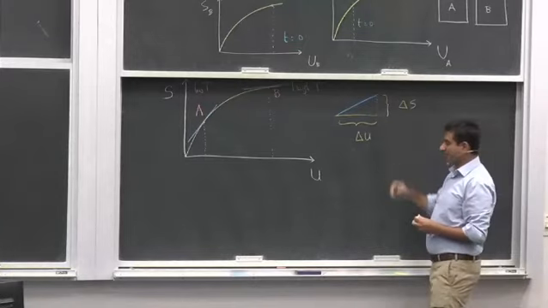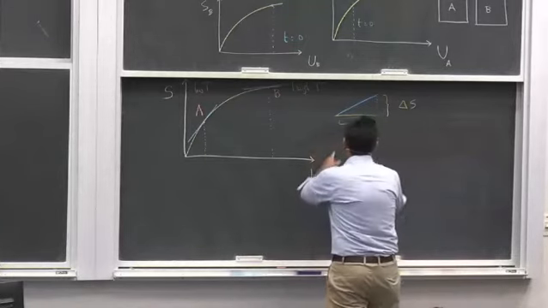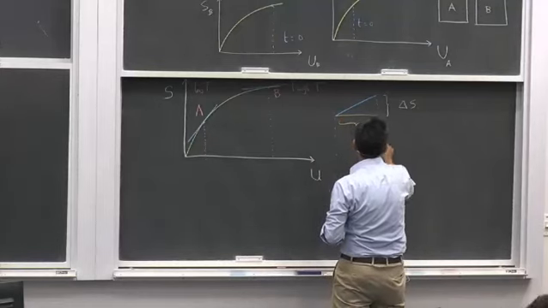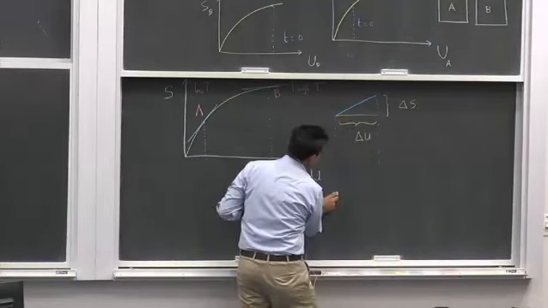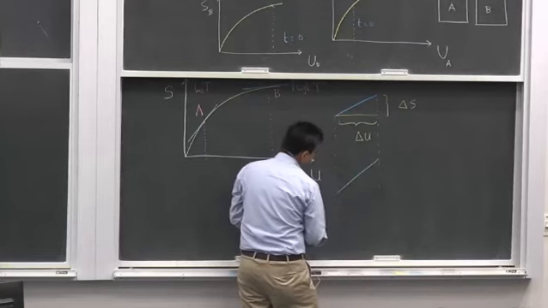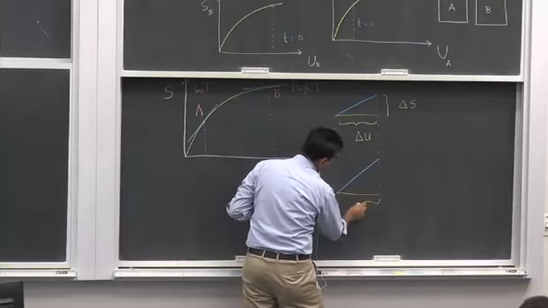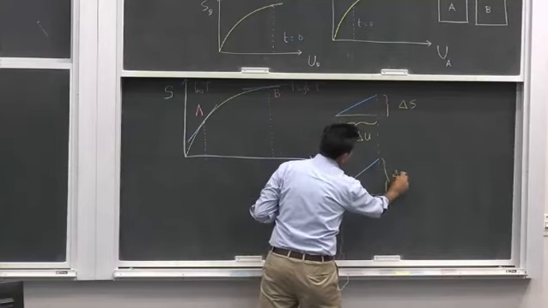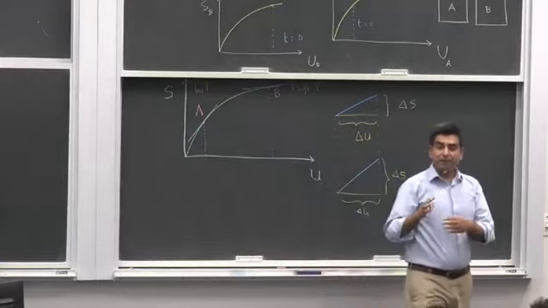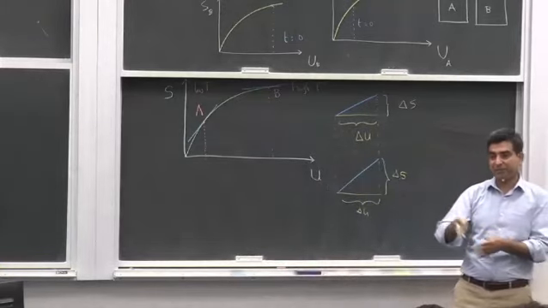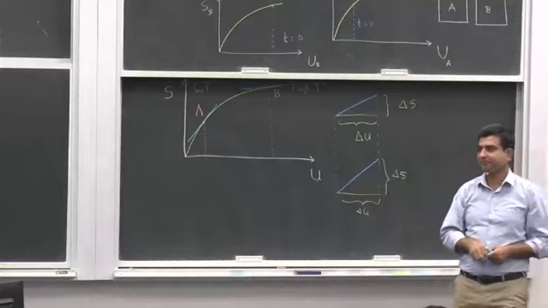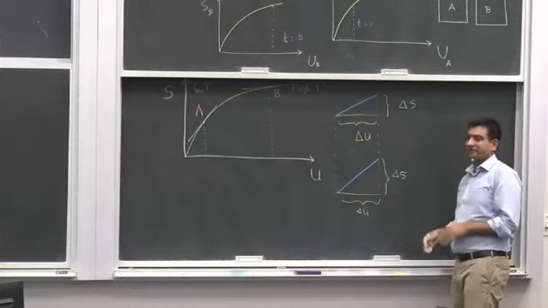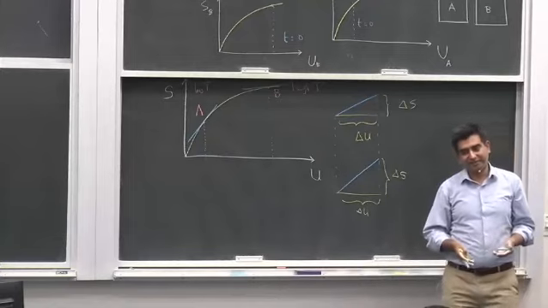So the higher the slope, if I were to draw a triangle with the same internal energy change but the slope is higher, I need to draw a steeper graph, which means that for the same change in internal energy, the change in entropy is higher. So the slope represents how the entropy changes when the internal energy changes. Agreed? If the slope is flatter, the entropy doesn't change much if the internal energy changes.